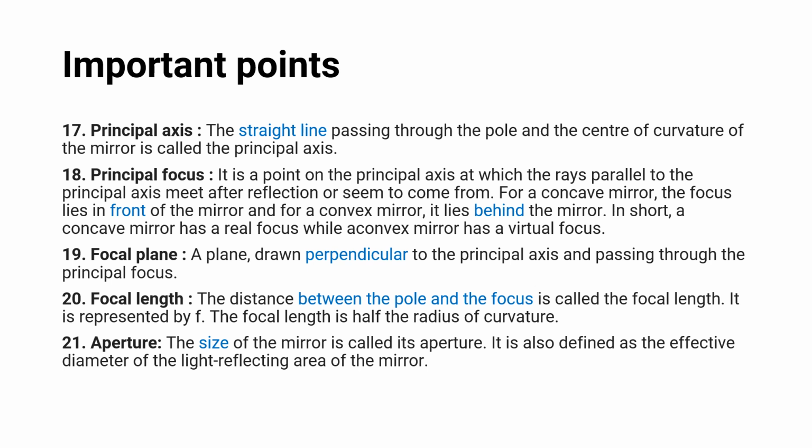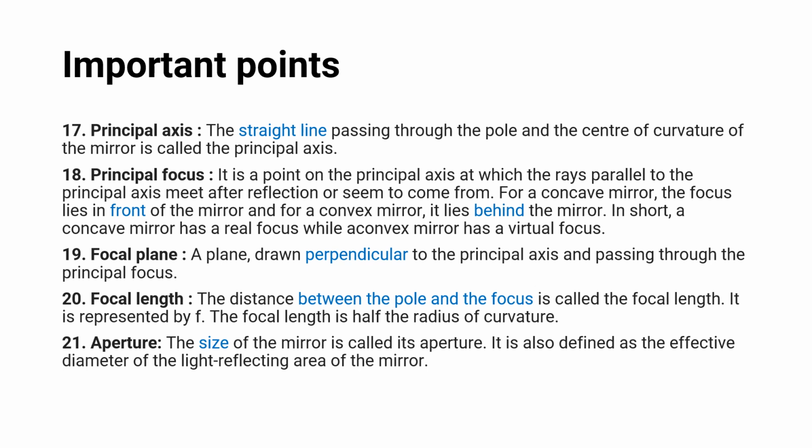For a concave mirror, the focus lies in front of the mirror and for a convex mirror, it lies behind the mirror. In short, a concave mirror has a real focus while a convex mirror has a virtual focus. Focal plane: a plane drawn perpendicular to the principal axis and passing through the principal focus.